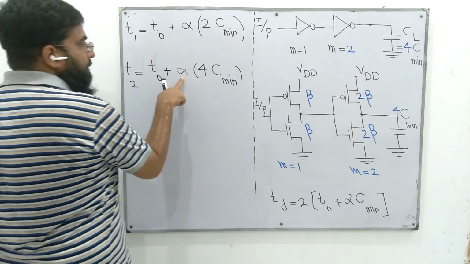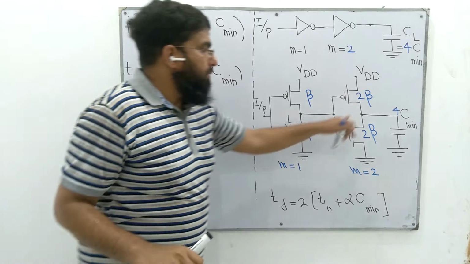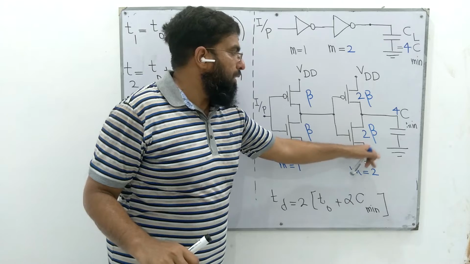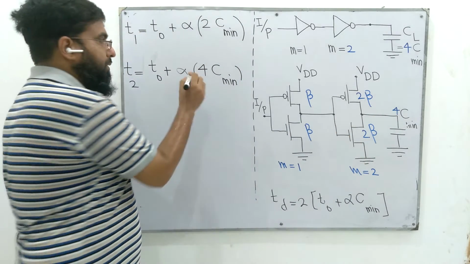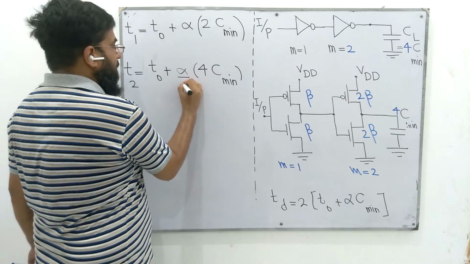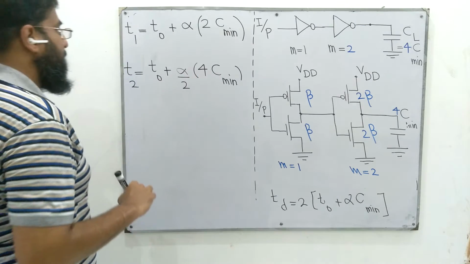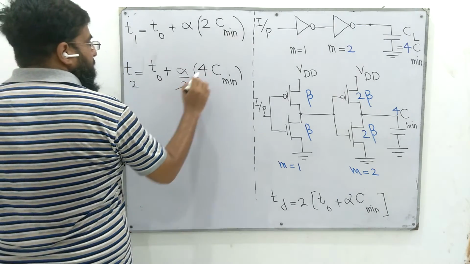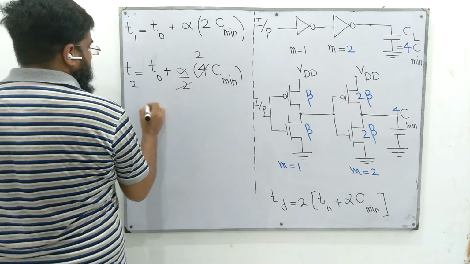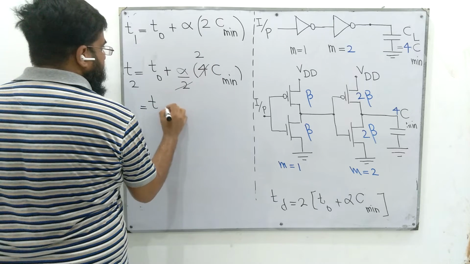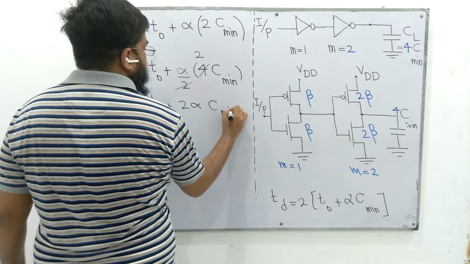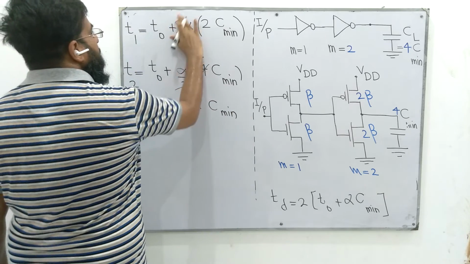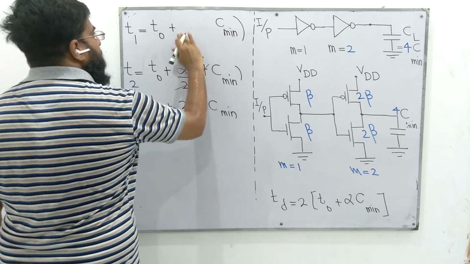And this alpha isn't the same alpha, because we have the aspect ratio doubled, so resistance, to which alpha is directly proportional, is divided by 2. So even this comes out to be 2 alpha C minimum.